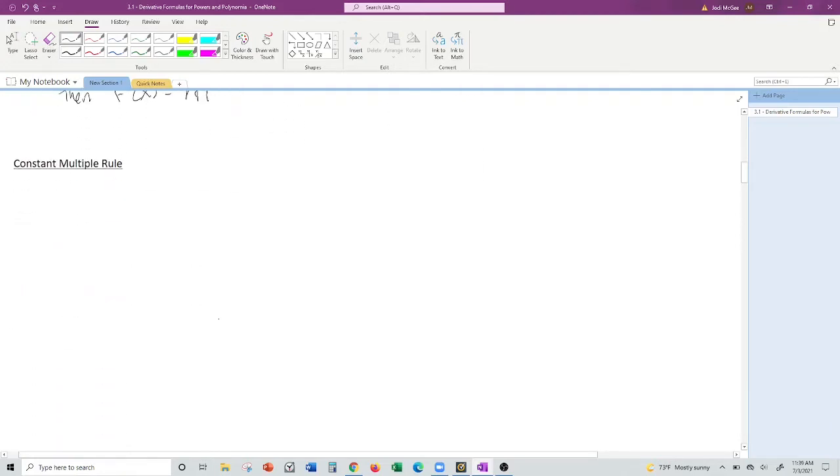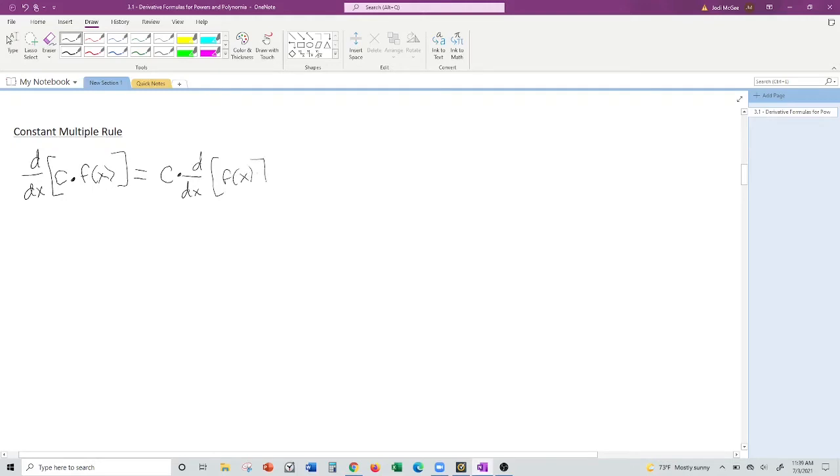Alright, next we have our constant multiple rule, where if we're taking the derivative, so the derivative with respect to x of a constant c multiplied by our function f of x, this is the same thing as taking our constant c and multiplying it by the derivative of our function f of x.